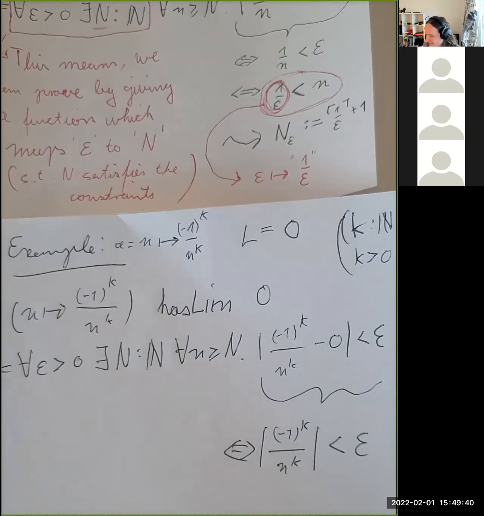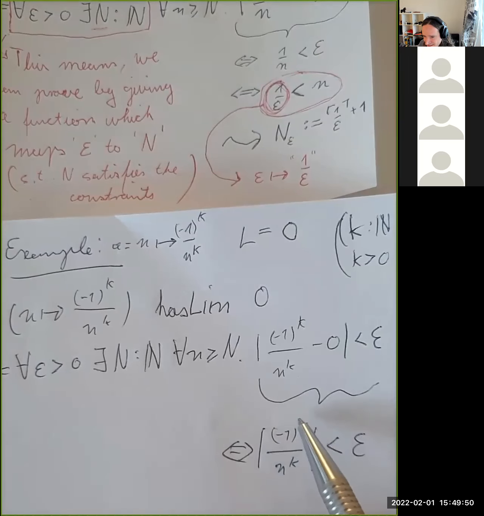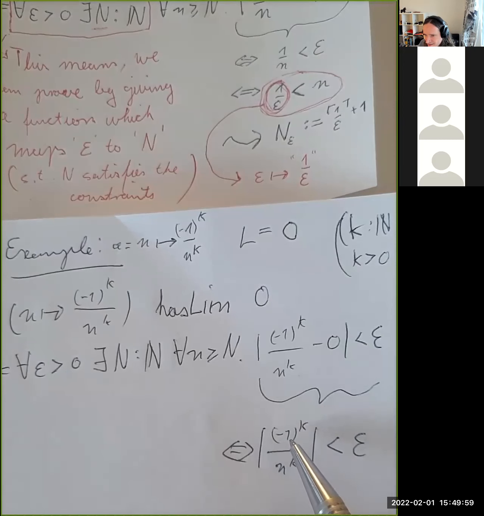Yes, we can. Thanks. So we are allowed to just forget about it, because the absolute value will actually kill this -1 to the k. So this can just be -1 or 1, depending on if k is even or odd.